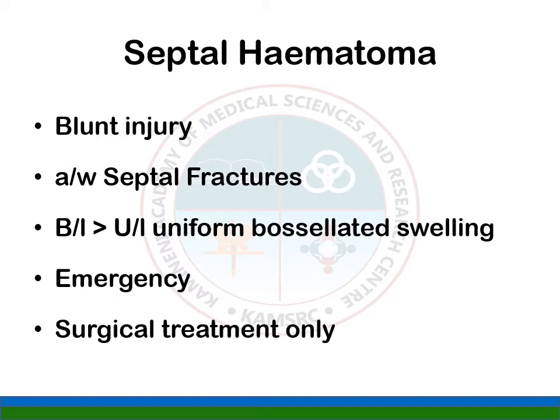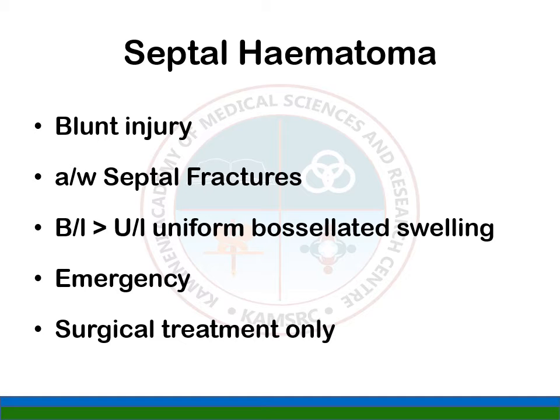So we have a uniform bosselated swelling which has to be drained. Something like a Freer's incision. We give an incision on one side or both sides, suck out all the hematoma, and do anterior nasal packing. Anterior nasal packing has already been described to you, so I hope you remember.